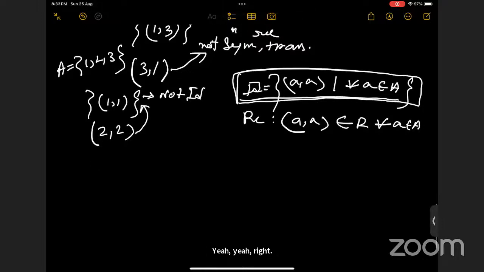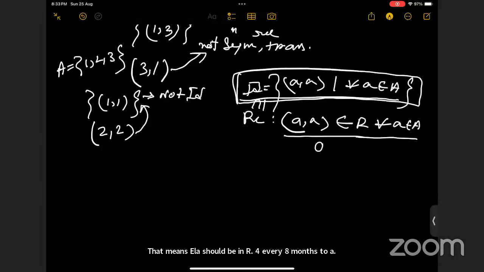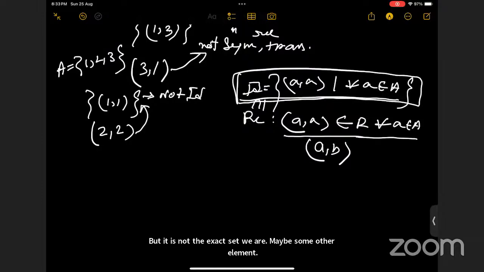But for being reflexive, this identity relation is a subset of a reflexive relation, right? Yes, ma'am. That means (a,a) should be in R for every a belongs to A, but it is not the exact set. There may be some other elements, some (a,b). Every identity relation is a reflexive relation.